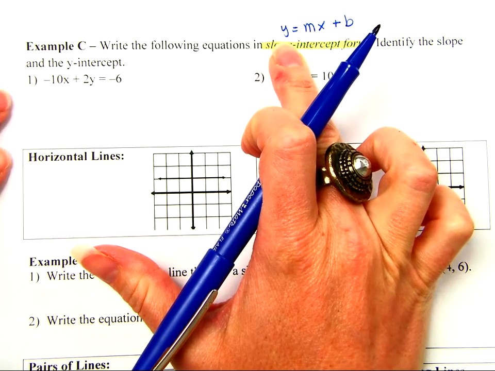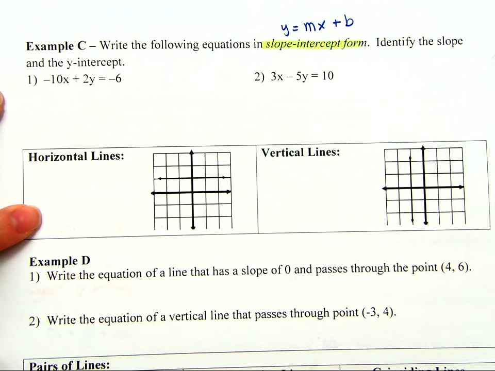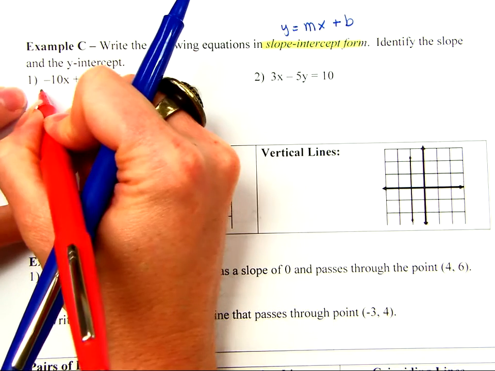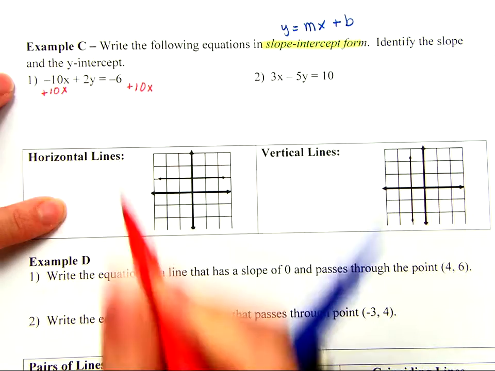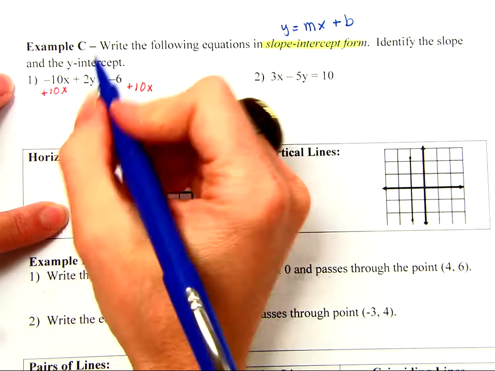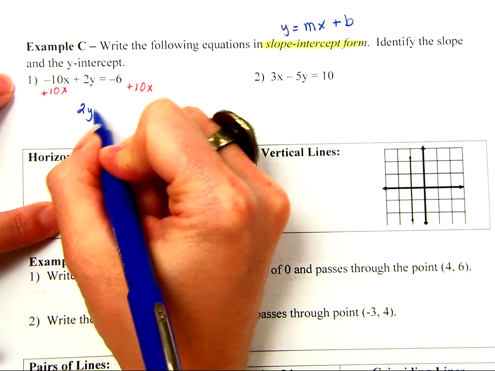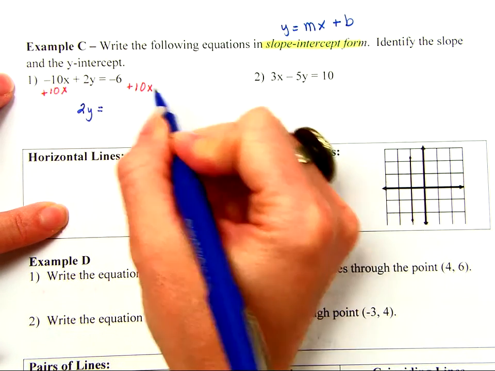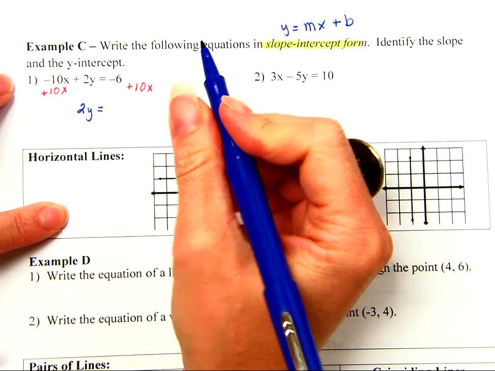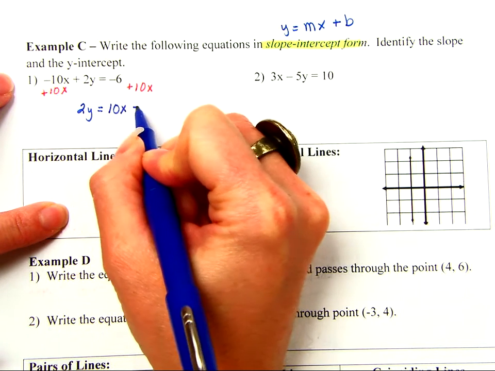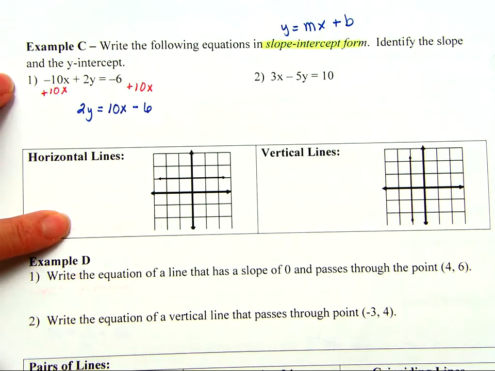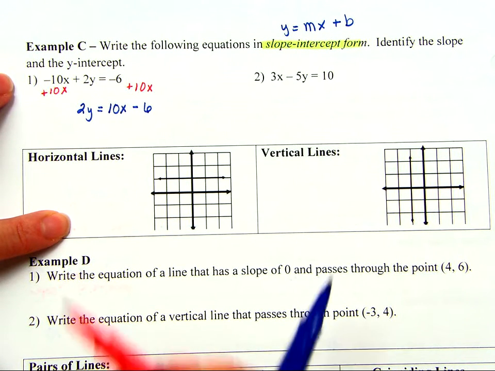The first thing that I'm going to start with number 1 is I'm going to get my x's on the other side. So I'm going to add 10x to both sides. We'll have 2y equal to. Now 10x and negative 6 are not like terms, so I can't add them together. I'm going to put my x's first. And now to get y by itself, I would simply have to divide by 2.